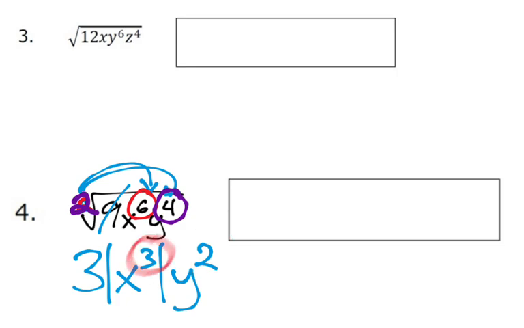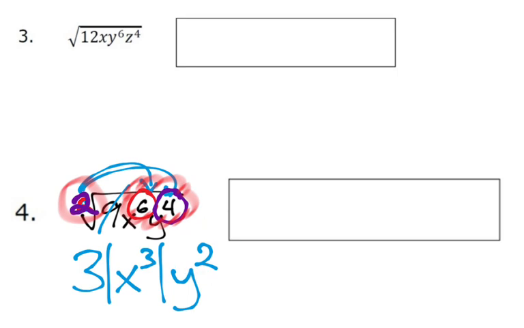The x got absolute value bars because the final answer had a 3, which is an odd number. I know that sounds tricky, so I'll try to highlight everything once again. If the index is even, if the original exponents you're working with are even, and in the answer the new exponent on that variable that you took out is odd, it gets absolute value bars. And if it's an even exponent, it doesn't.